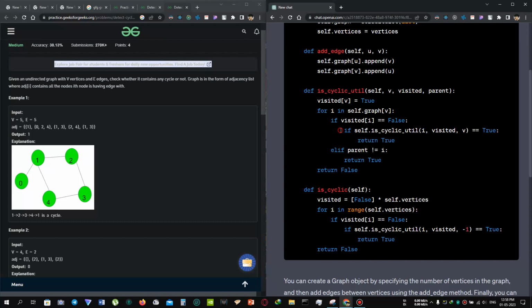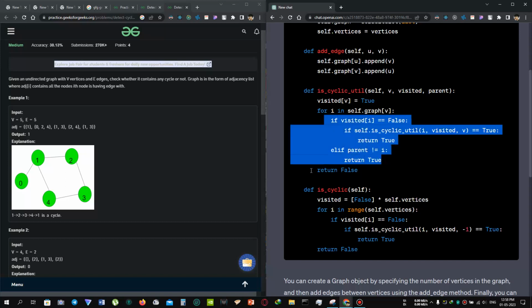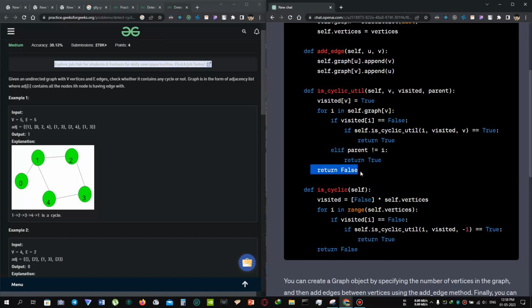And what this will do is create a copy of this function and check it. So if that returns true, which means we have visited it, then it will return true. Else if both conditions fail, then it will return false, which means we have never once visited any node.